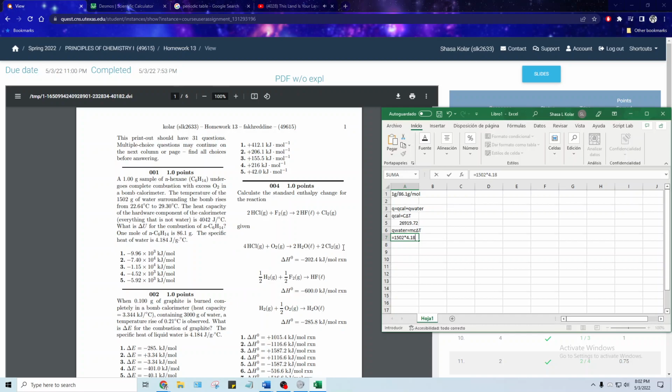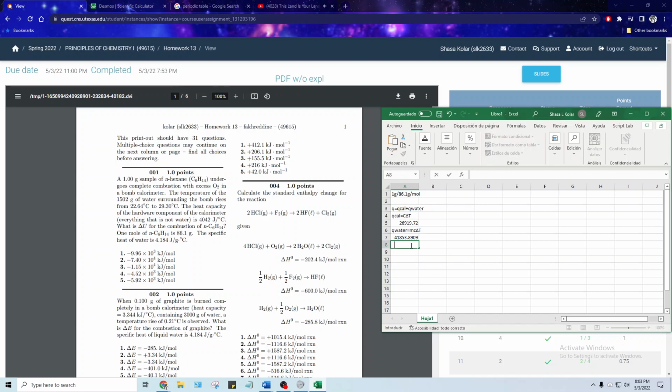So 4 times the heat change, which is 29.3 minus 2.64, and then okay, so then we add these together.